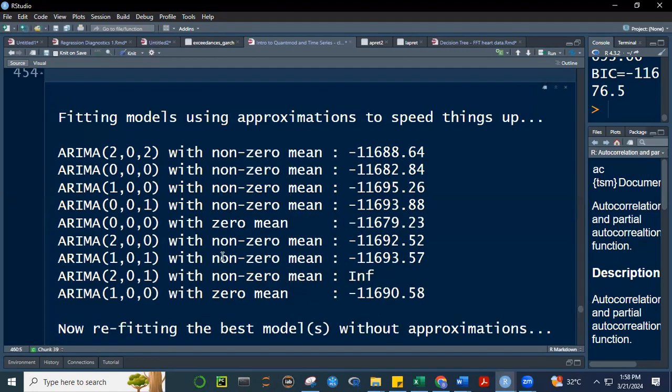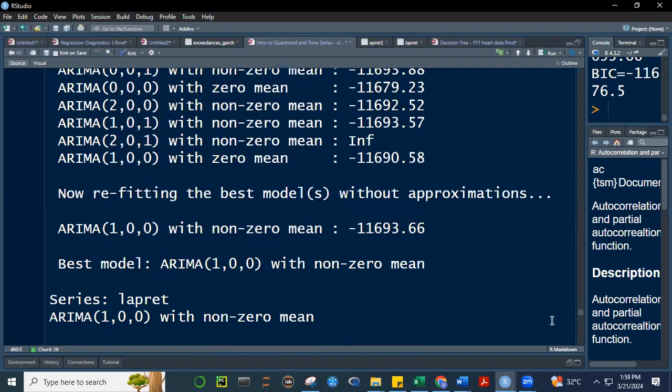Kasi if you take a look at this class, initially, yung ARIMA 100 has an AIC of 11695. Pero yung 000, ibig sabihin as is lang siya, is 11679. Pero take note, approximations lang ito. So, ang ginawa niya, nag-shortlist siya, tapos rinefit niya yung best model without approximations. So, ang lumalabas dito, the best model is ARIMA 100.